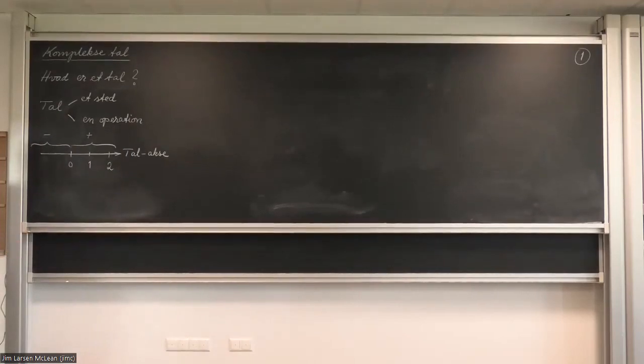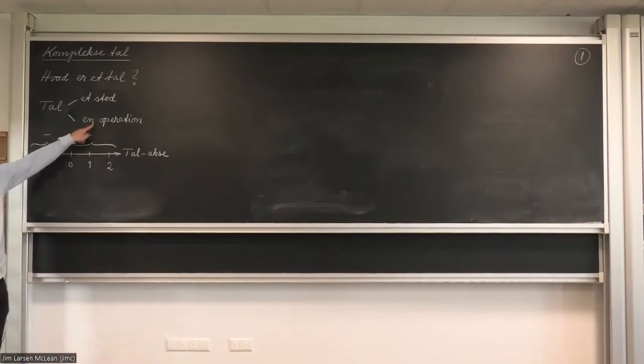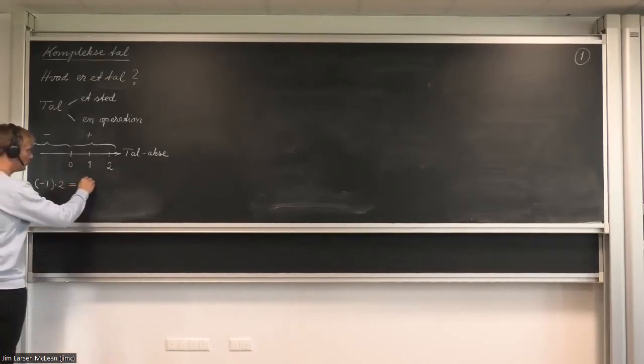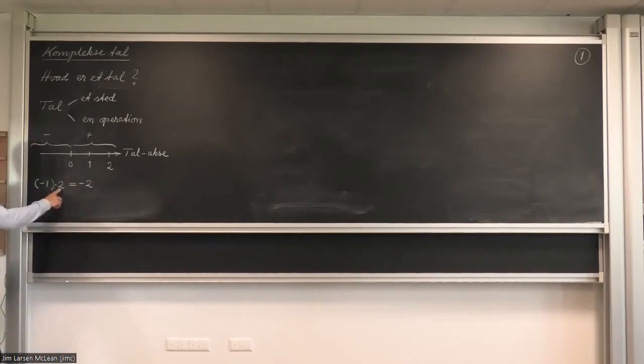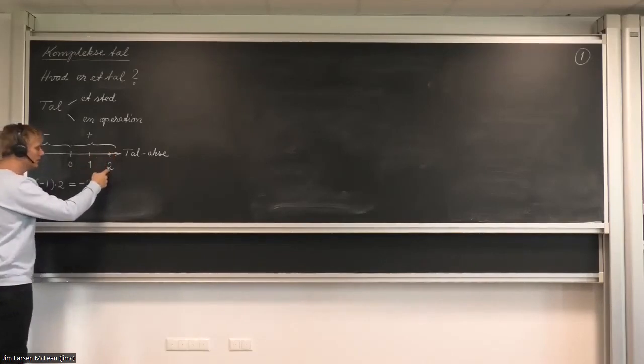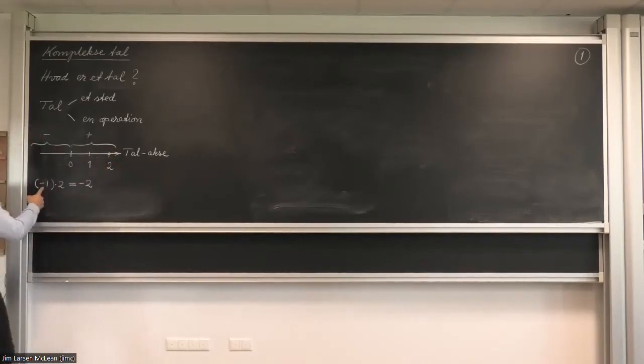But you can also think about numbers as an operation. Let's try to think about the number -1 for a moment. What happens if I take -1 and multiply it by 2? -1 times 2 equals -2. So now we can ask ourselves, what happened to the number 2 when I multiplied it by -1? It flipped over here.